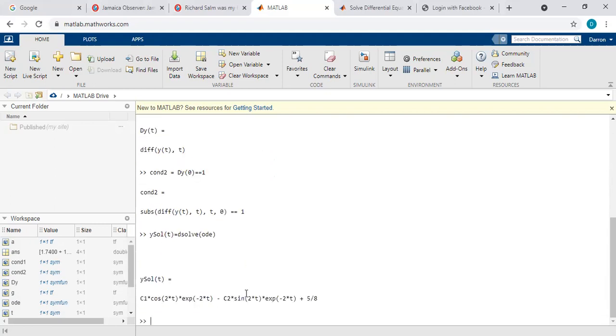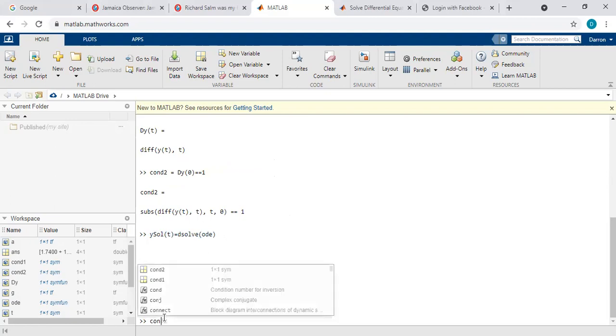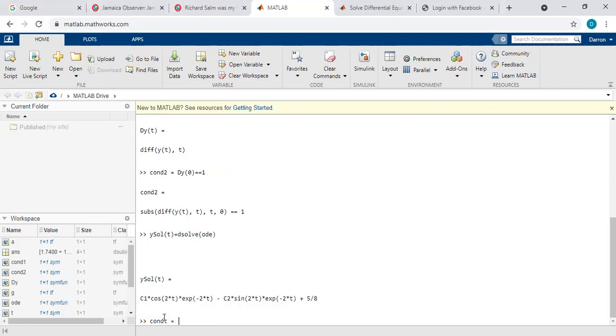So leave that out. Oops. Sorry about that, it's mixing up the things. I didn't want to put in this command. That's it. I have to put in the conditions. So I'm going to put cond, put the conditions as a vector equal to condition 1.